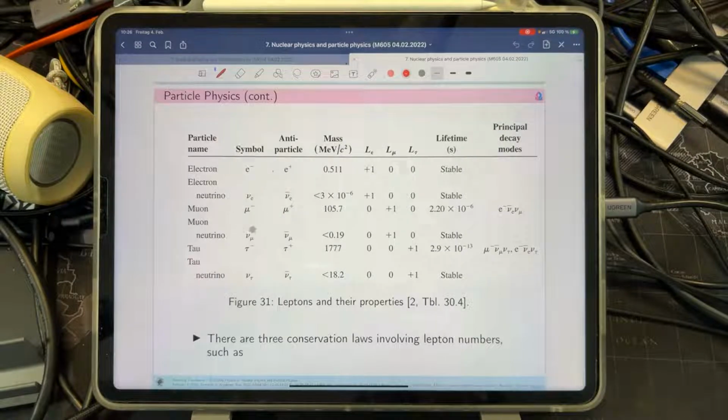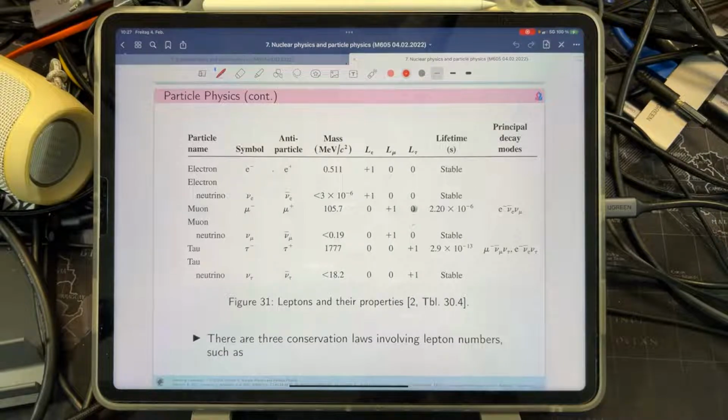The muon will have muon lepton number +1. The anti-muon or muon plus will have muon lepton number -1.